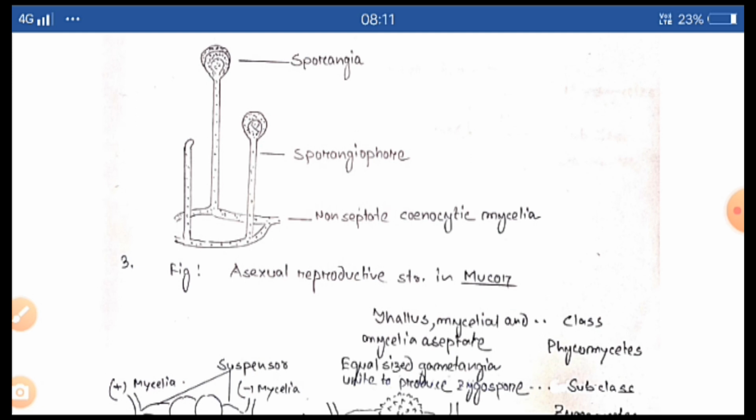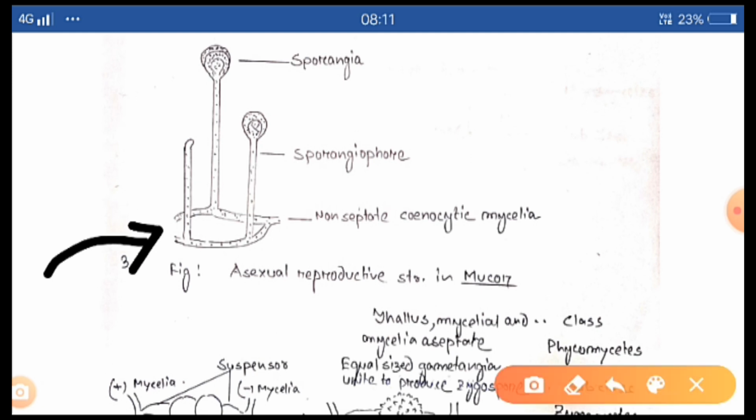Hence they are termed as bread mold also. Here again the mycelia is non-septate, coenocytic, so it will be placed under class Phycomycetes. Up to this it is clear that non-septate mycelial fungi are placed under class Phycomycetes.